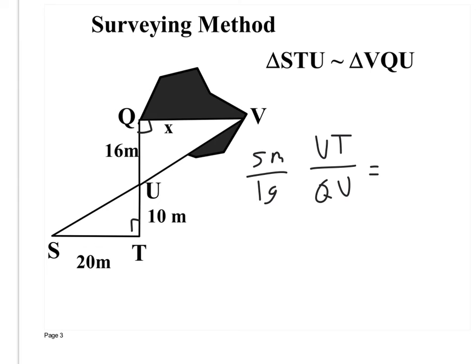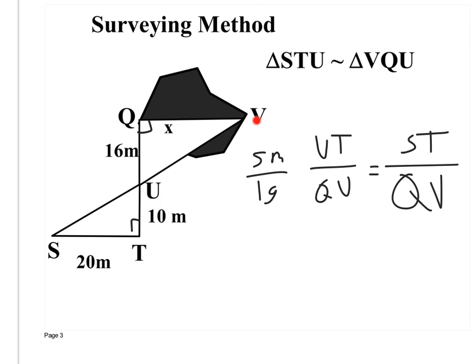Alright, and then let's do the only other side of the triangle, and that's ST. What would be the corresponding side on the large triangle? QV. Okay, think about a couple things. One is they need this side, so I have to use it. If I haven't used it, I need to. And do they tell me how long VU is? So could I use that side?